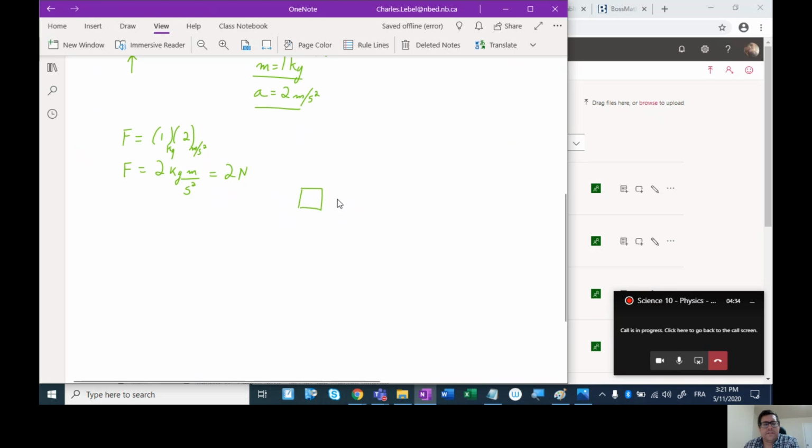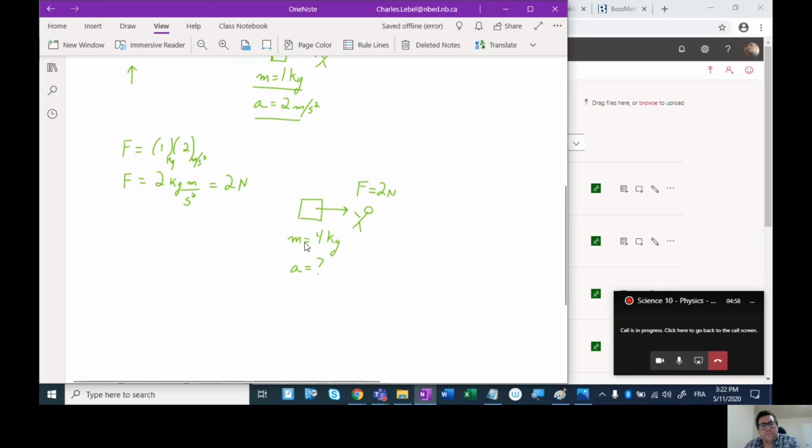Okay, now let's say instead that you have the same guy or girl who's accelerating with, again, a force of 2 newtons. But this time they're accelerating a mass of 4 kilograms. Not 1, but 4. And we can ask ourselves, well, what's going to be the acceleration this time?